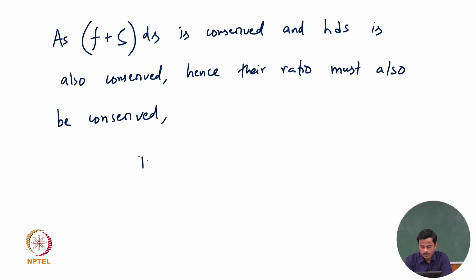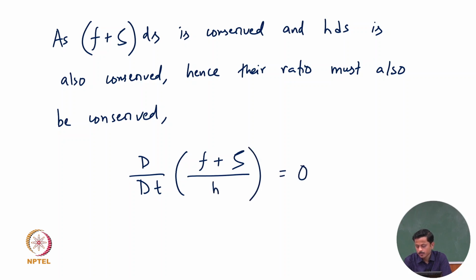That means the total derivative of f plus zeta by h is equal to 0. And this is important for us to look at the expression, because this is the potential vorticity for this system under consideration. This is nothing but the potential vorticity.